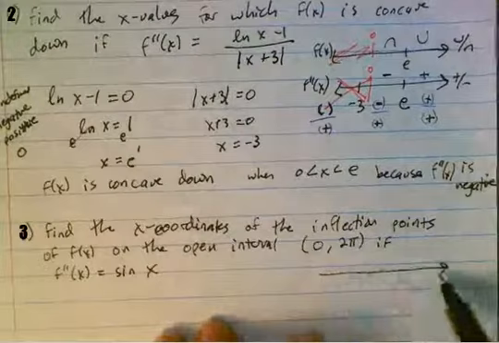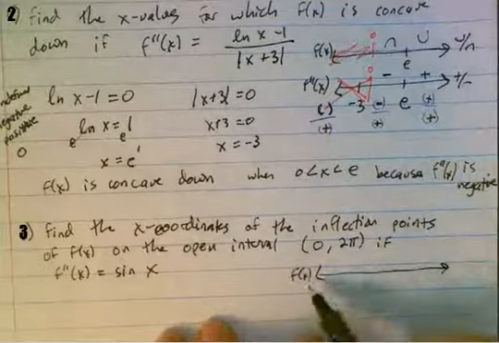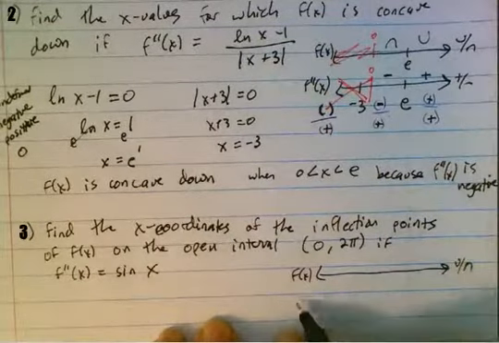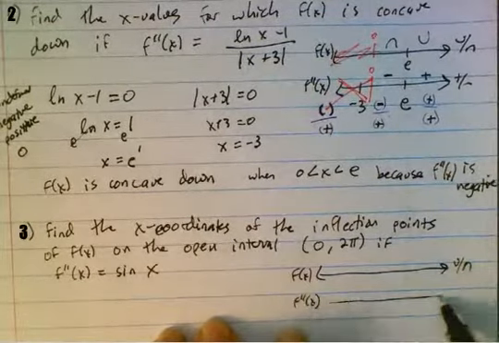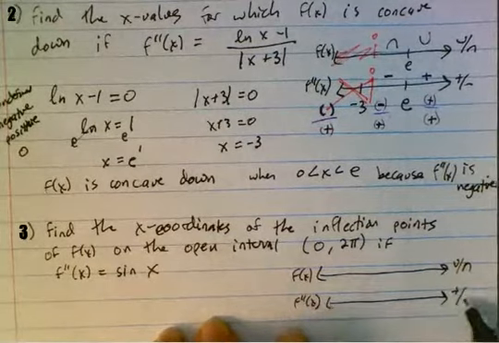So we'll do our same charts, f of x, concave up, concave down, f double prime of x, positive and negative.